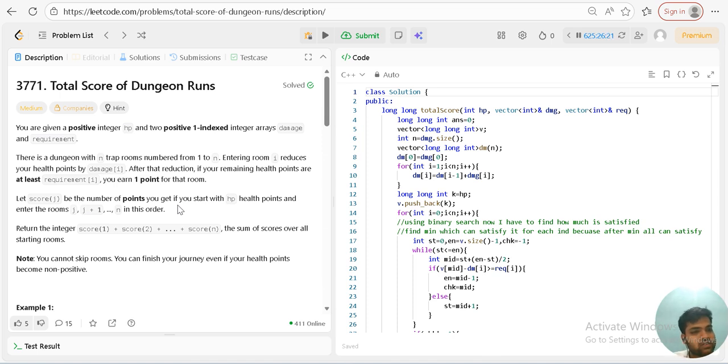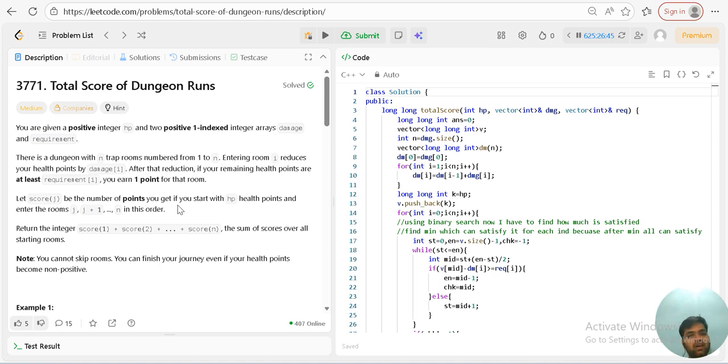You are given a positive integer HP and two positive one-indexed integer arrays, damage and requirement. There is a dungeon with n trap rooms numbered from 1 to n. Entering room i reduces health.